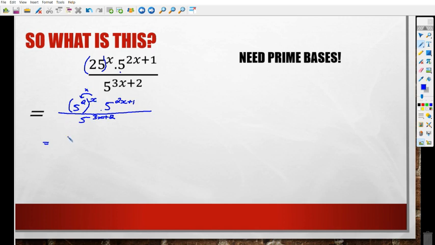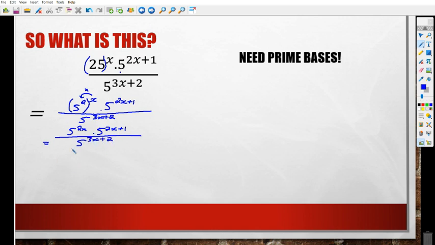So I'm going to have 5, and what is x times 2? It's 2x. Very good. Multiplied by 5 to the power of 2x plus 1, that all stays the same, nothing changed, all over 5 to the 3x plus 2.